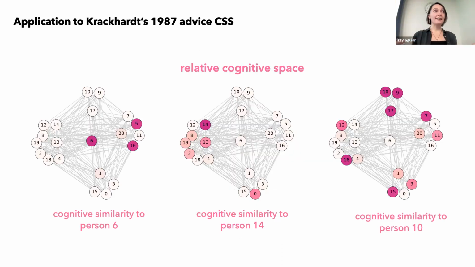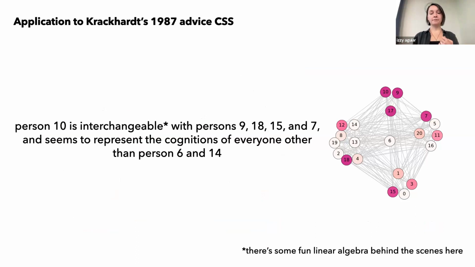So we can rewrite this all so that in the first network we see on the left, person 6 belongs entirely to that group and not at all to the other groups. Everybody's proportional membership reflects how similarly they perceive their networks to him. The second one is similar, but for person 14, and then the last one for person 10. Person 10 is mostly interchangeable with a lot of other people. He doesn't represent that relational schema more so than these other people in the network, particularly 9, 18, 15, and 7.